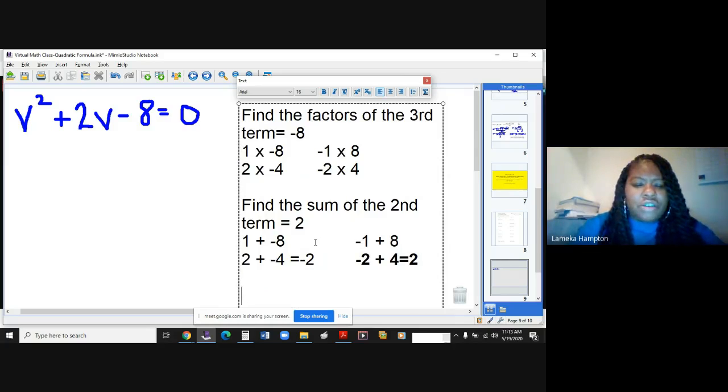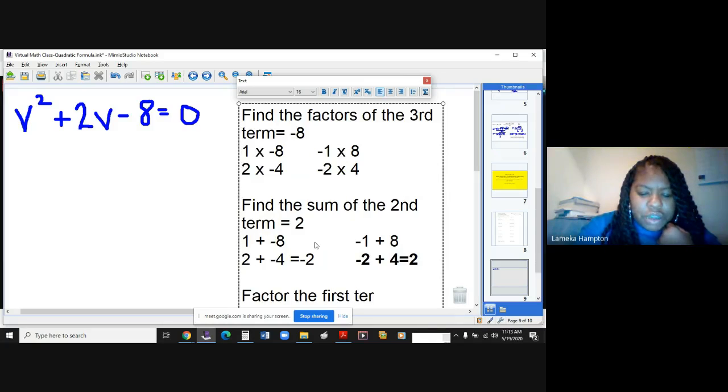And then my third step would be simply just to factor the first term. Okay, and my first term is simply v squared.